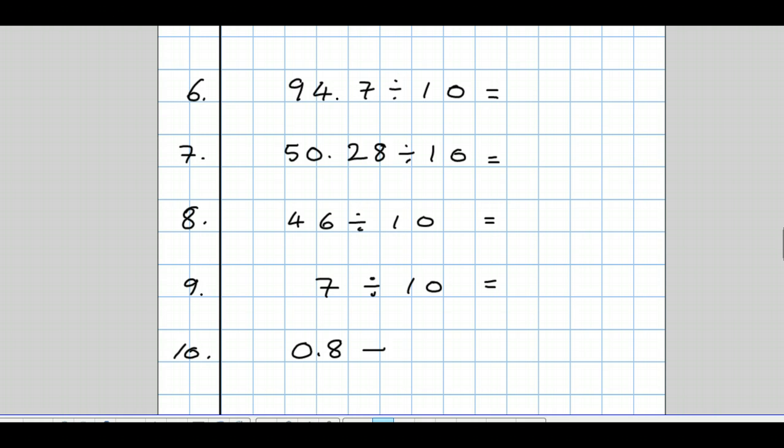There's a trick one at the end. See how you cope with that. If you put it on pause, have a go at these, and then press play again and we'll go through the answers.